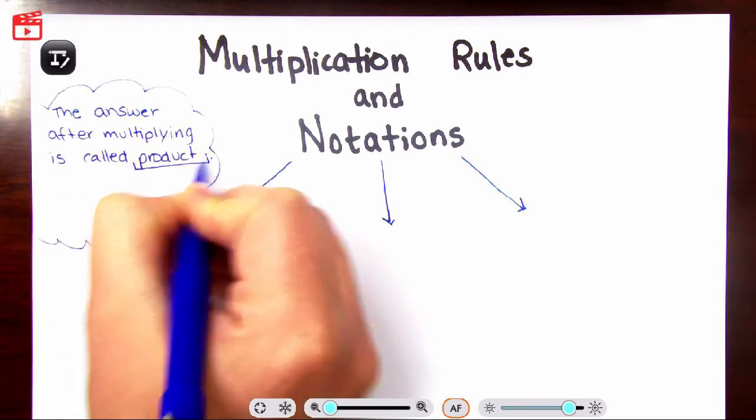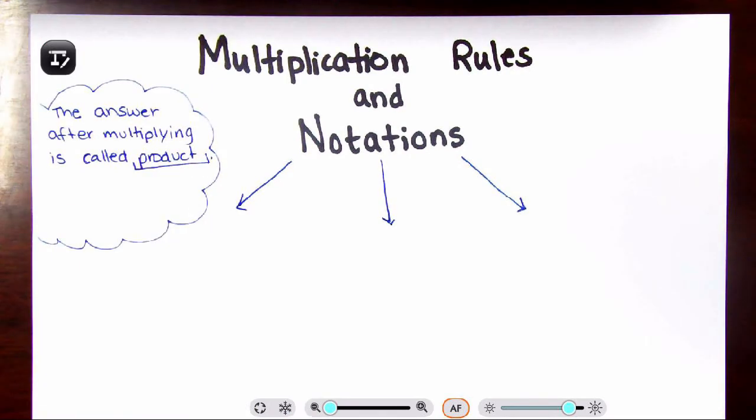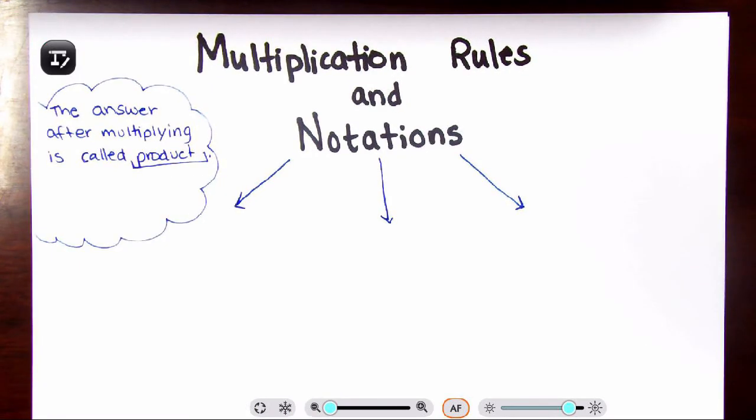If you are unsure if a question is asking you to multiply or to add or subtract, a lot of times the directions will say find the product. If it says find the product, here's your key word that you will be multiplying those things together.